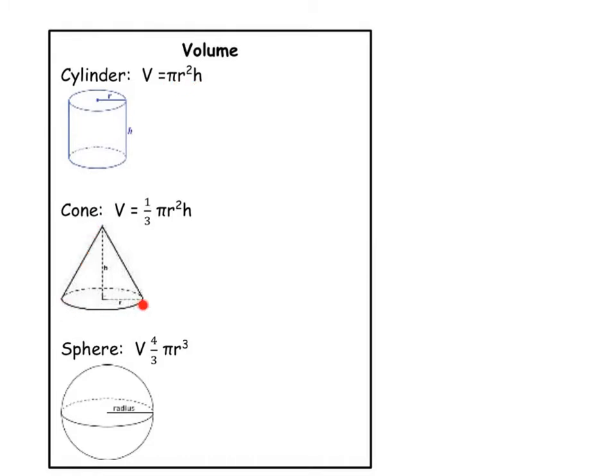The formula for a cone is the same thing. It's still pi r squared h, but we multiply it by 1/3, because if we have a cone that has the same radius and height as a cylinder, 3 cones will fit in one cylinder. The same thing holds true for a sphere, except in a sphere the radius and the height are the same thing, so we take out this h and replace it with another radius.